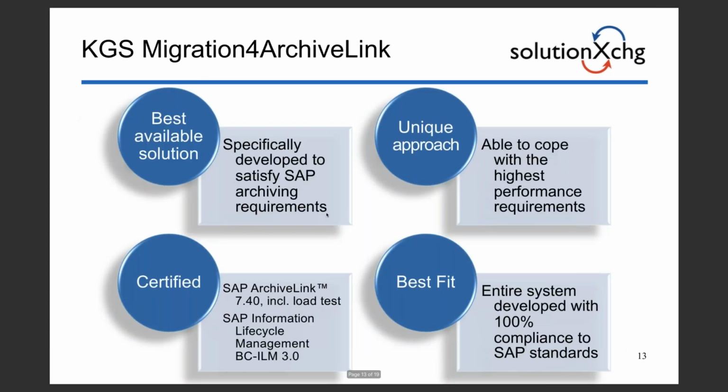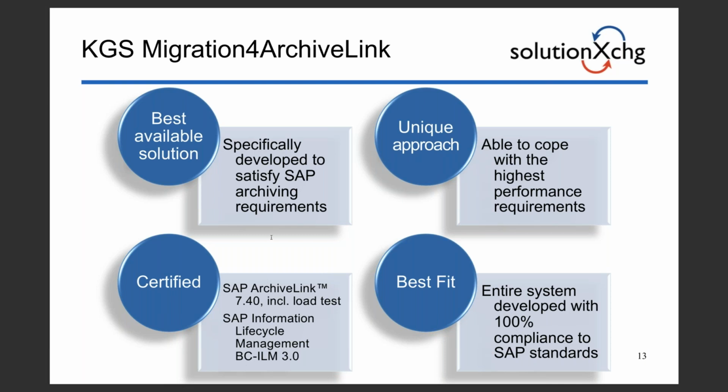Now, the migration, a few words on that, is done by a tool called KGS Migration for Archive Link. It's the best solution available that we have found after quite some effort and comparison with all the solutions we know about in the market. It has been specifically developed to satisfy SAP archiving requirements, and has a very unique approach with a scalable, high-performance server architecture that's completely built on web services.